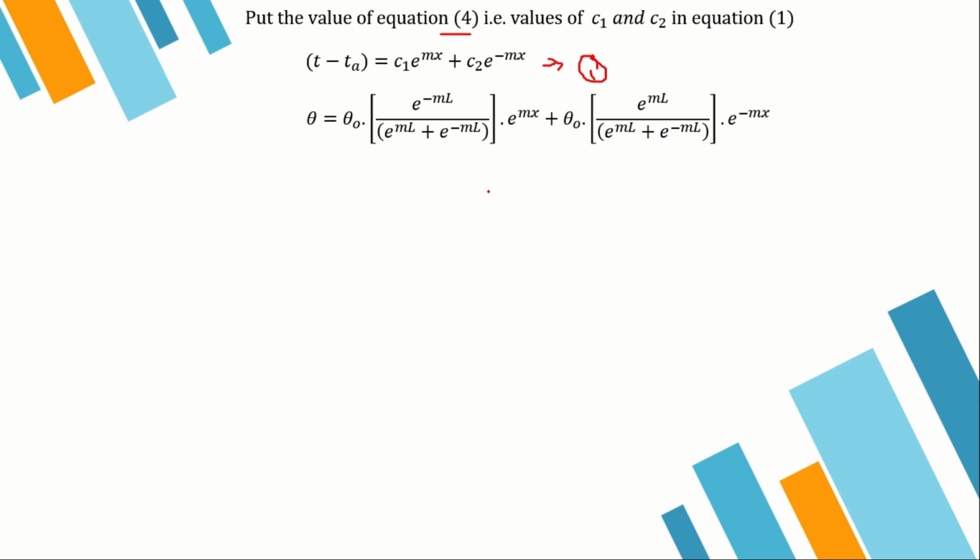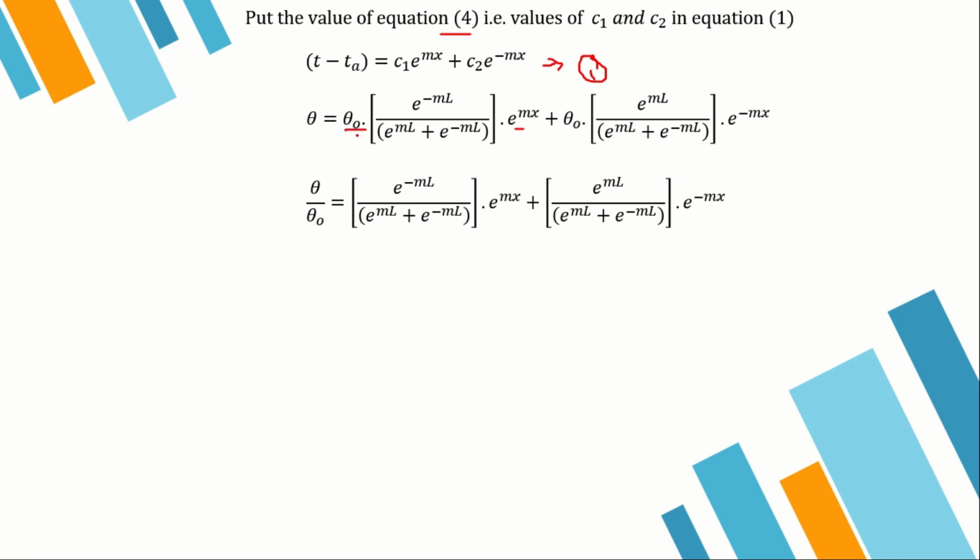Now adding the values of c1 and c2 in the above equation, we can see that θ is equal to θ0 e^(-mL) divided by (e^(mL) plus e^(-mL)) times e^(mx), similarly θ0 e^(mL) divided by (e^(mL) plus e^(-mL)) times e^(-mx).